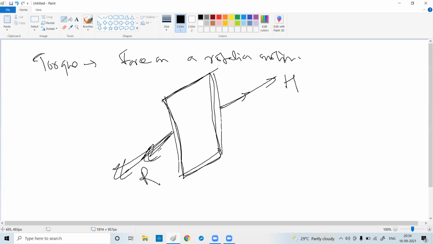If they pull with the same force, then probably the cardboard will be stationary. It will not move. And if they apply higher and higher forces, the cardboard may break from the middle.